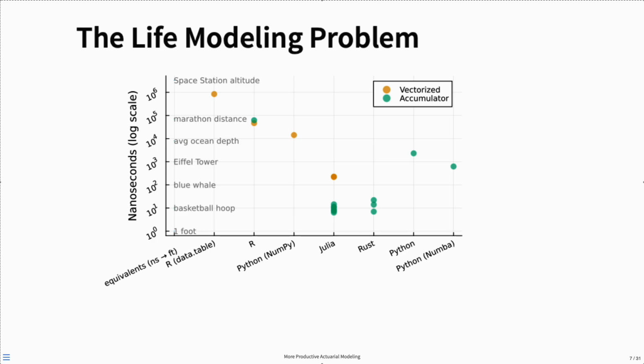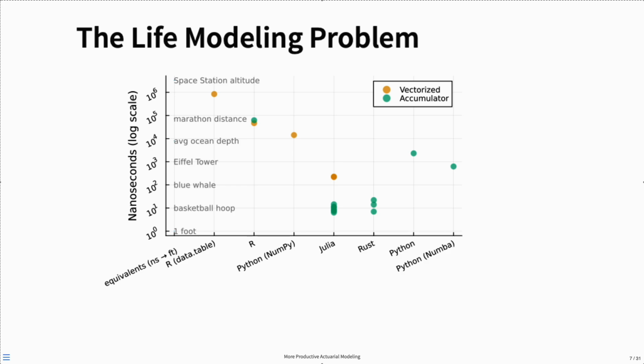So it's pretty clear from this that there is a wide range of run times for this problem. Fast languages like Julia and Rust are able to accomplish the calculation as fast as the computer's hardware will allow. Conversely, languages like Python and R, and even JIT compiled Python like Numba, do not perform nearly as well.